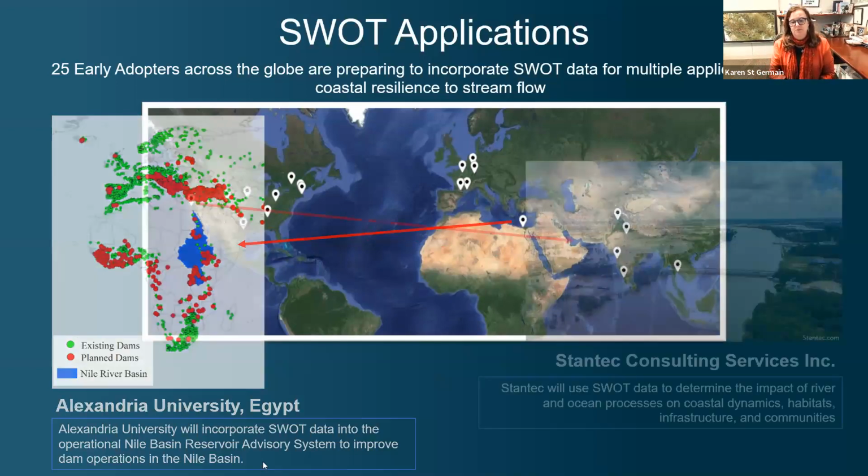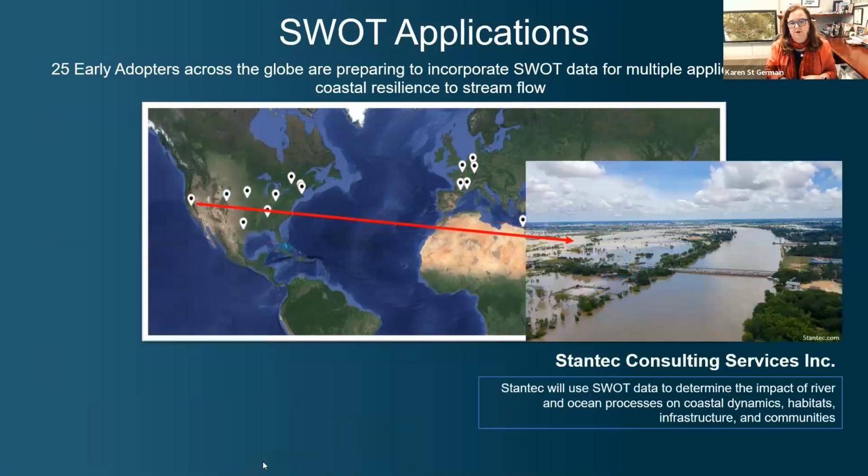And then, of course, commercial providers will use SWOT data to provide commercially derived value-added products, including everything from coastal dynamics, infrastructure, and community impacts. So I think SWOT is going to become increasingly an important input to the kind of work that you do.